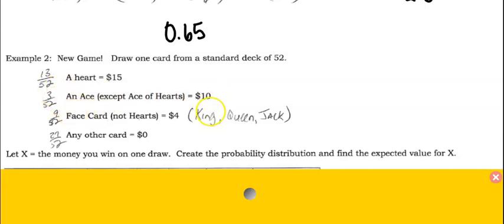Face cards are king, queen, jack, if you don't know. There are 12 of those, so if we take out the hearts, that leaves 9 out of the 52. So the probability of getting any other card in this case is 27 out of 52.